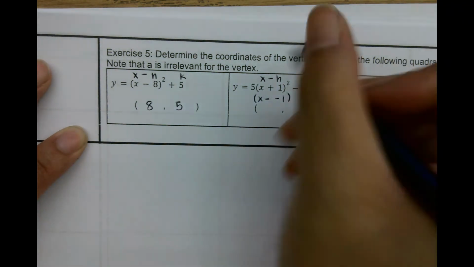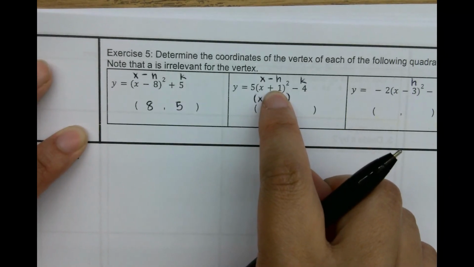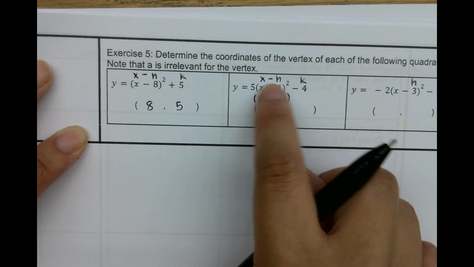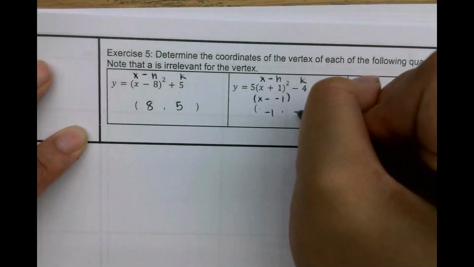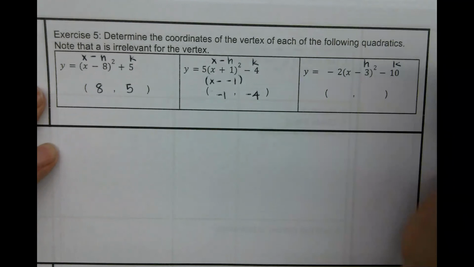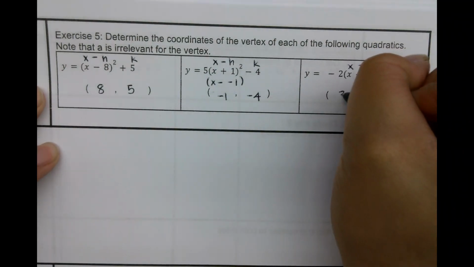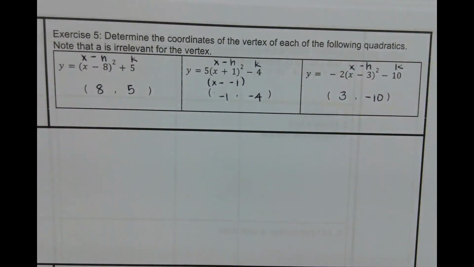So h is negative 1, again the opposite sign of what we see, and k here is negative 4. And the last one, it's x minus h, so if it's x minus 3, that means h is 3. k is negative 10, and this is where our vertex is. That's it for today. Have a great rest of the day. Bye, guys.